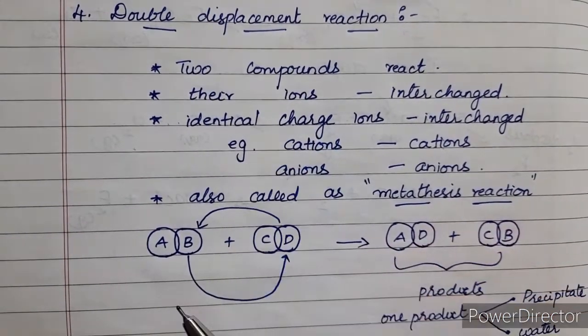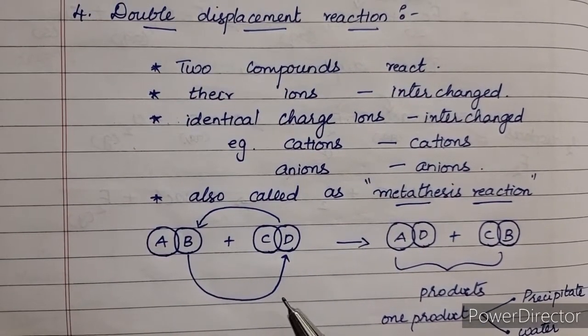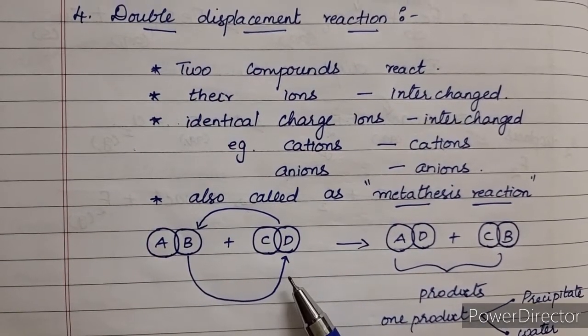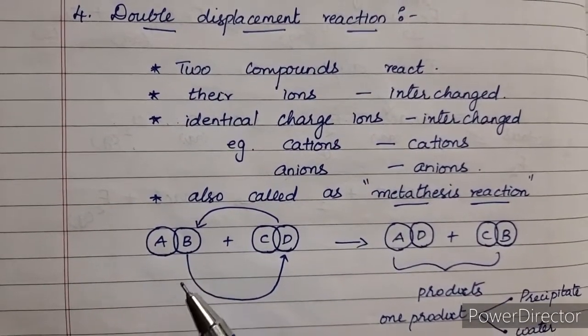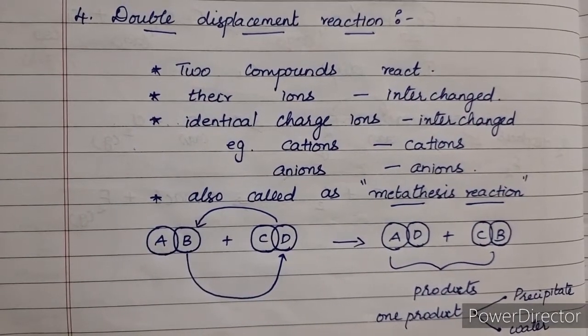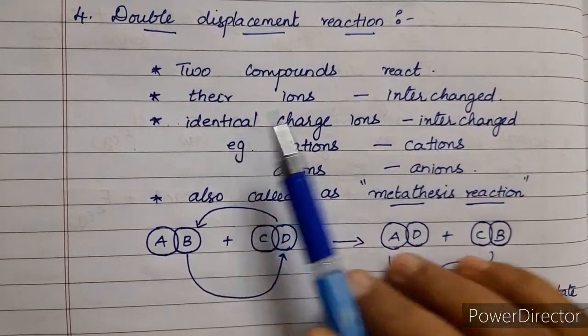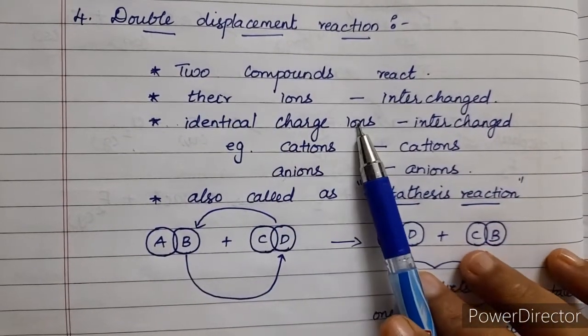In a double displacement reaction, one ion of one compound is interchanged with the ion of the other compound. And the interchange of the ions takes place in such a way that identical charge ions get interchanged.